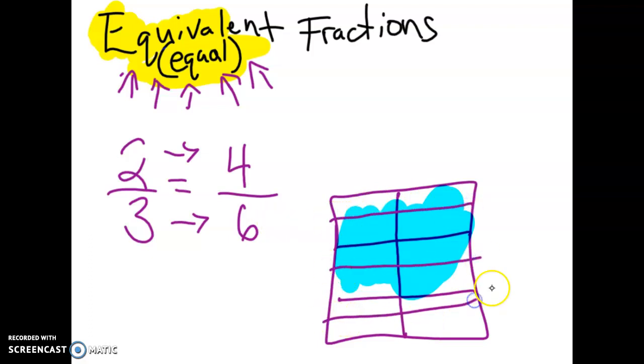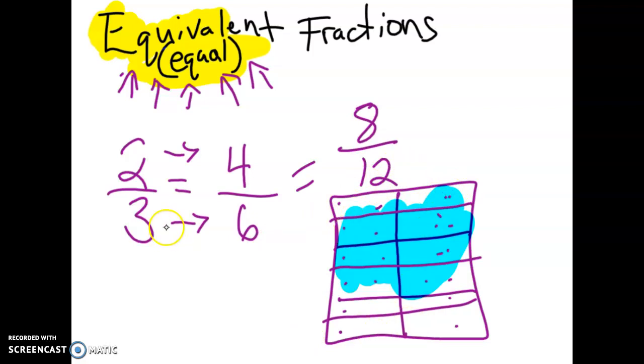Now let's see how many pieces we have: 1, 2, 3, 4, 5, 6, 7, 8, 9, 10, 11, 12. Out of my 12, my new denominator, I should have 1, 2, 3, 4, 5, 6, 7, 8 pieces shaded. Again, the blue has not changed. I just increased my total, my denominator.